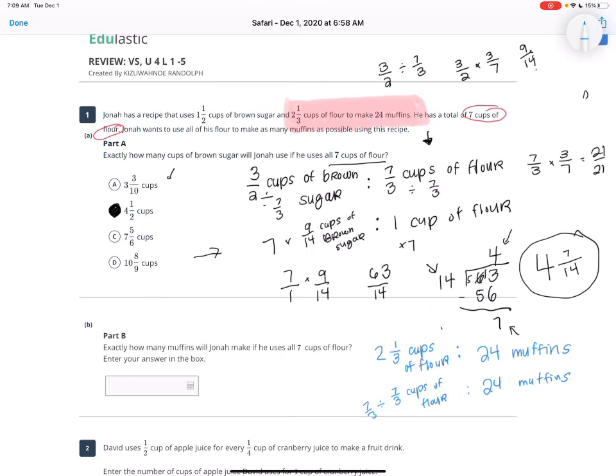Because I want to find the unit rate for, well, how many cups do you need? Well, how many muffins can 1 cup make? And when I divide that, we know this cancels out to one cup of flour. And then 24.